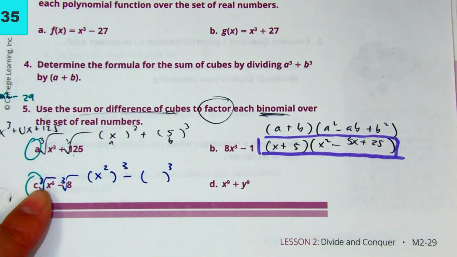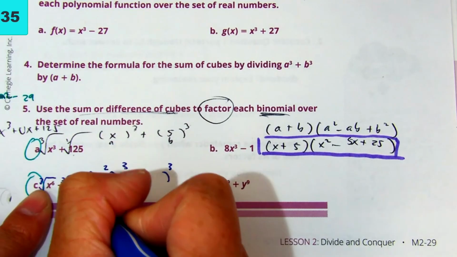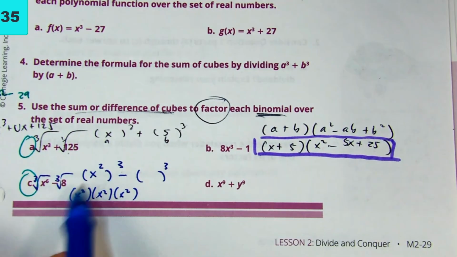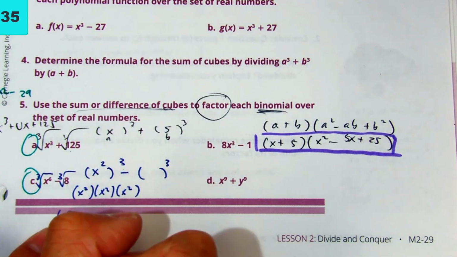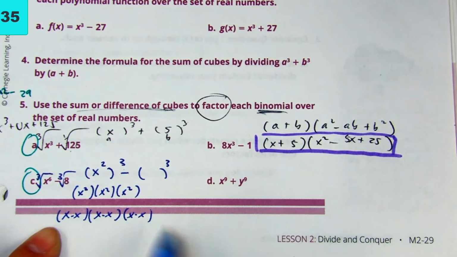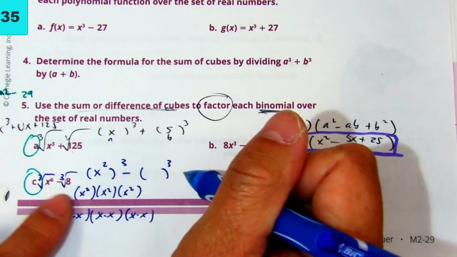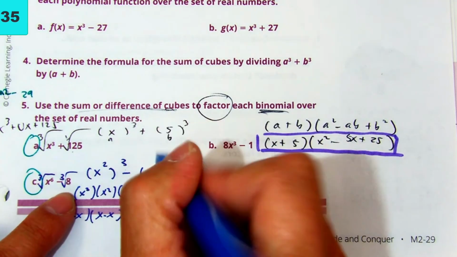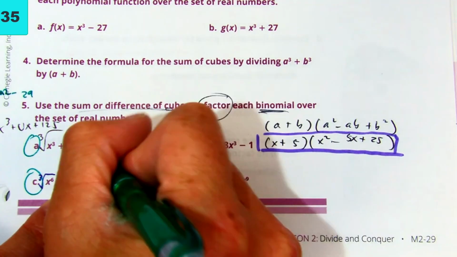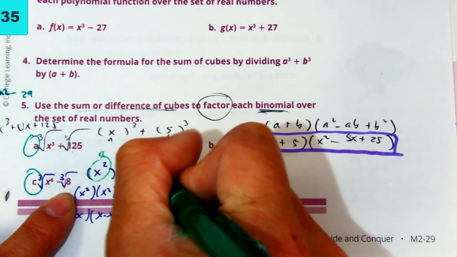Remember, when in doubt, write it out. That's 3x squared, and remember x squared is just x times x. So there you have 6 x's. And the cube root of 8? 2. So in this problem, my a value is x squared, my b value is 2.